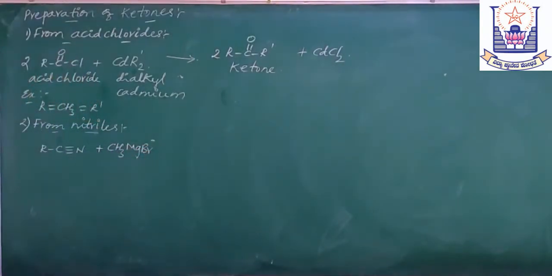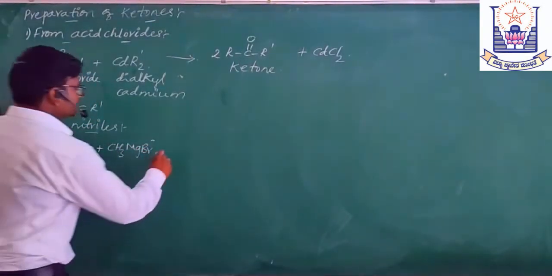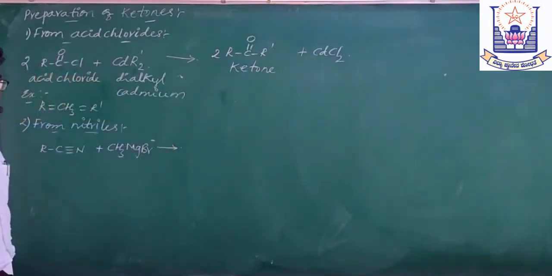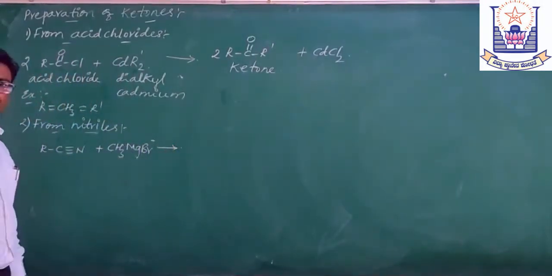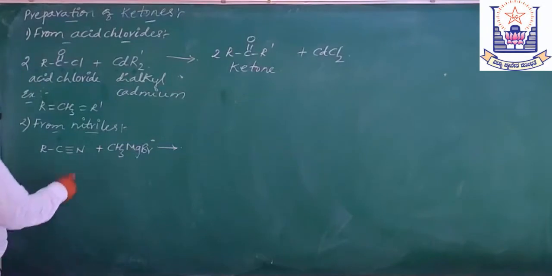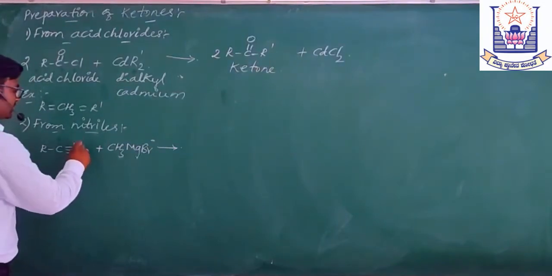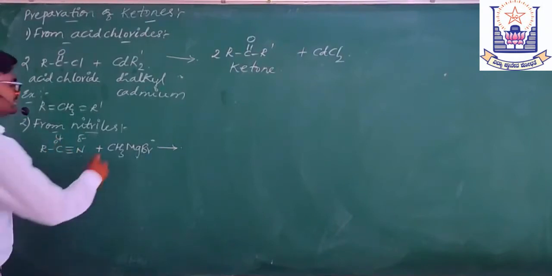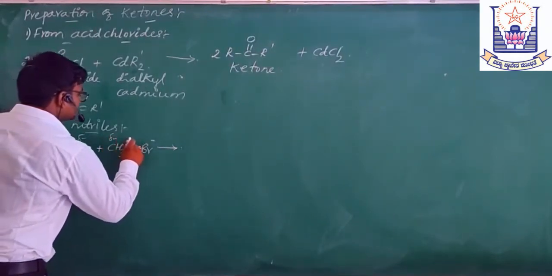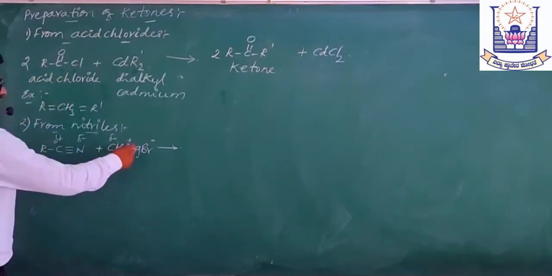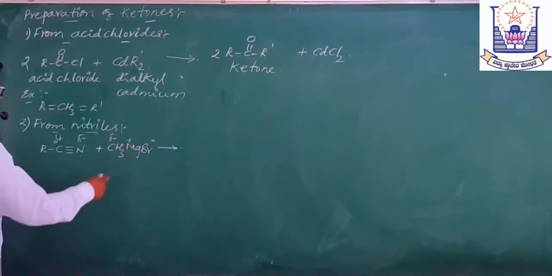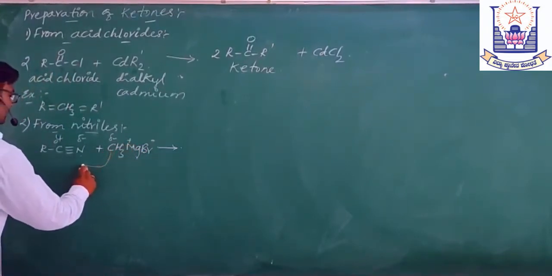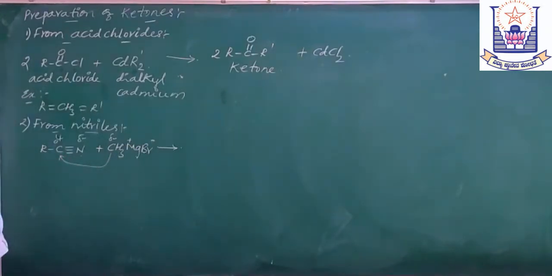MgBr. Okay. What happens? Addition reaction takes place where the triple bond will be converted into the double bond, and you know that nitrogen is the most electronegative. This will be delta minus, this will be delta plus. Because it is a metal, take it plus. The alkyl group, minus, will attack this carbon.